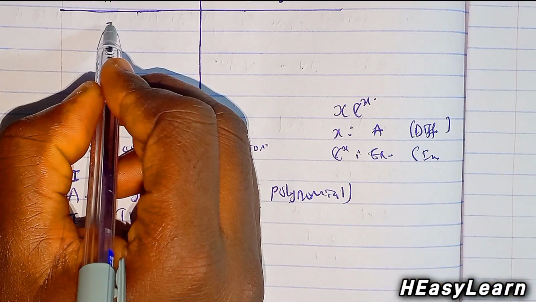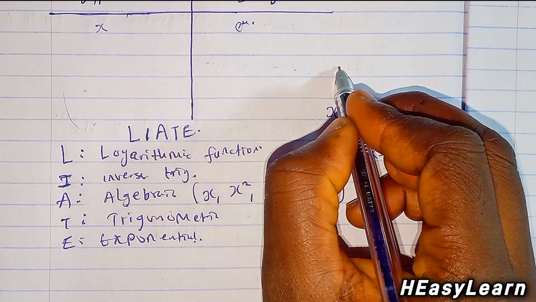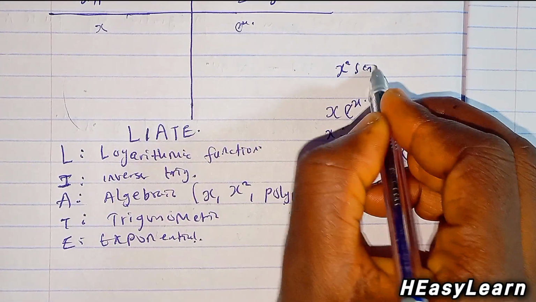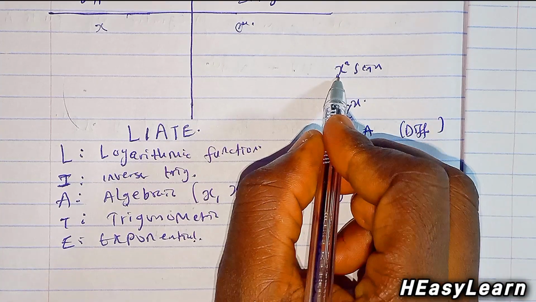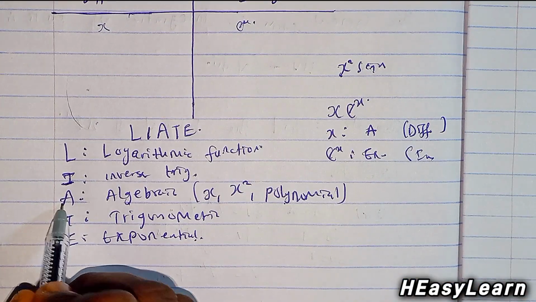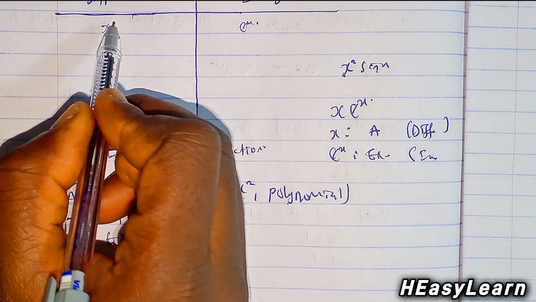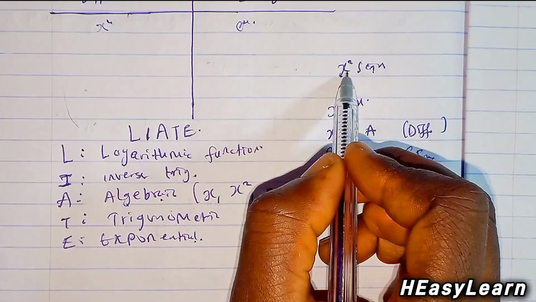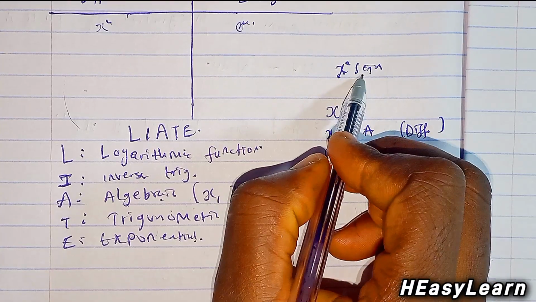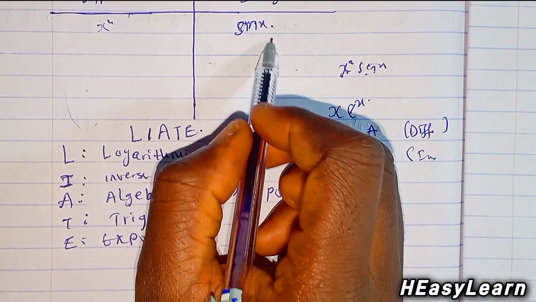Here will be x, here will be exponential x. But in a case where we have x squared sine x, this is a product of a polynomial function and a trigonometric function. The polynomial falls into algebraic, so x squared is the function to differentiate, and the second, sine x, is the function to integrate.